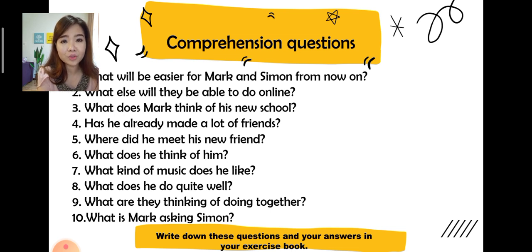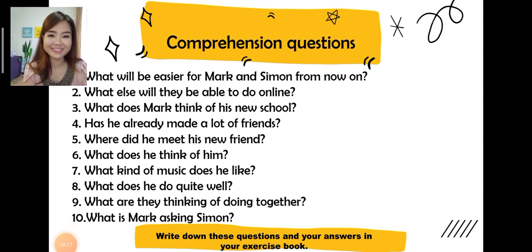You can try to refer to Mark's email to Simon because the answers are in the email, okay? And you can find it there. You can hit the pause button now. I'll give you time to write down the questions and find the answers. So you may pause. You may hit the pause button now, okay?